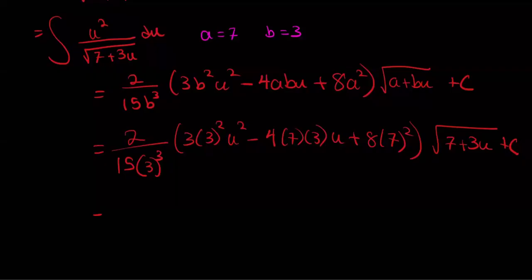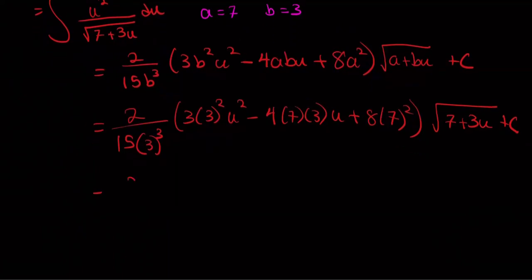15 times 3 to the power of 3 is 405, so 2 over 405. And then I have 27 u squared. The 27 came from right there, but u was x squared.